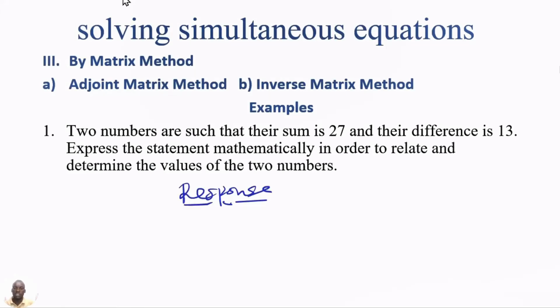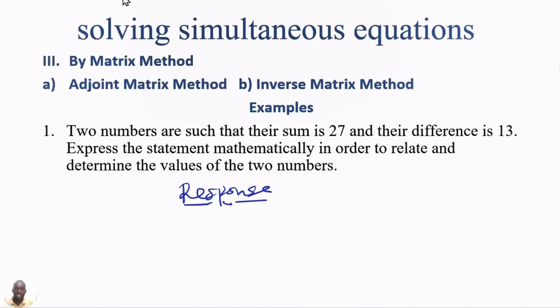From the question, they are talking of two numbers, and they say that their sum is 27. So we can begin by letting. And why do we let? We want to get these variables, so we just get some letters which represent the variables they are talking of. There are two variables or unknowns we are supposed to let.